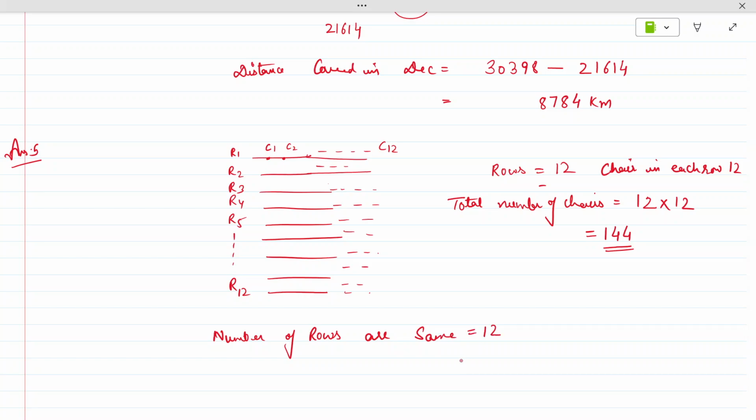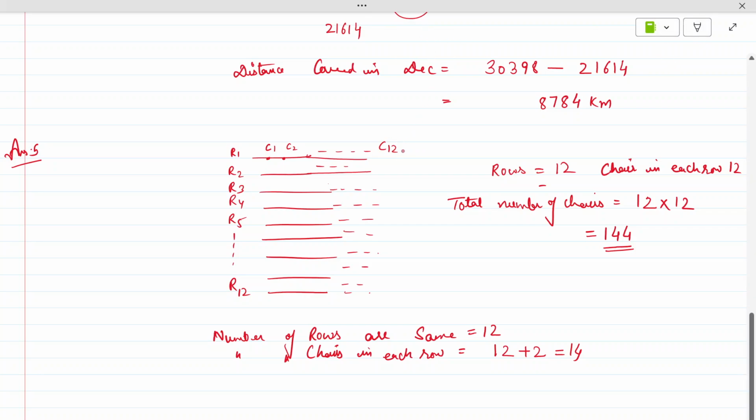But two more chairs are added in each row. So now the number of chairs in each row is increased. It's become two more added. That is 12 plus 2, it is 14. Earlier there were 12 chairs and now we are adding more chairs to it.